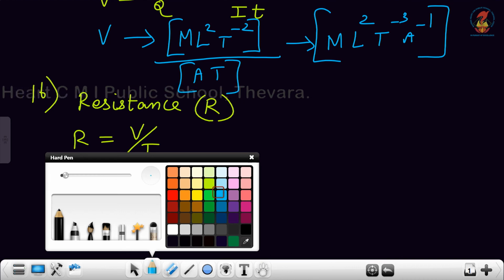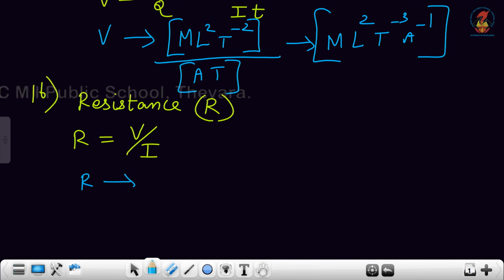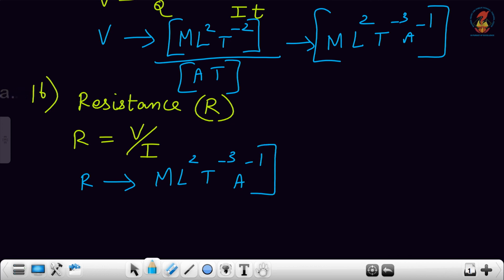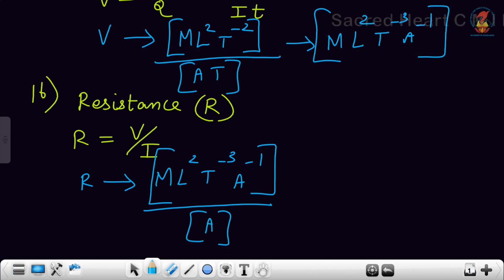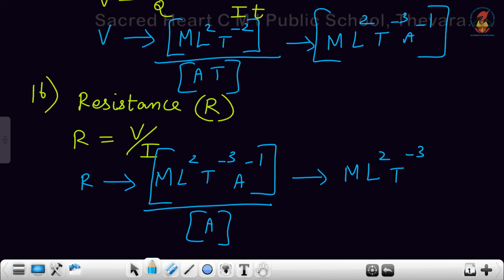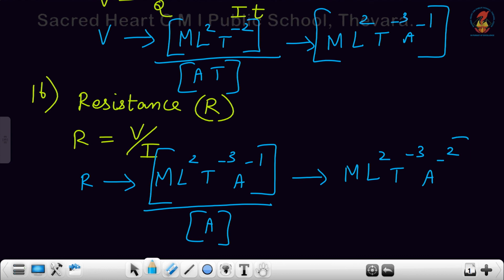So dimension of R will be M L square T minus 3 A minus 1 divided by I, meaning ampere, A. So this A also will go up, so it will be A raised to minus 2. So our final answer will be M L square T raised to minus 3 A raised to minus 2.